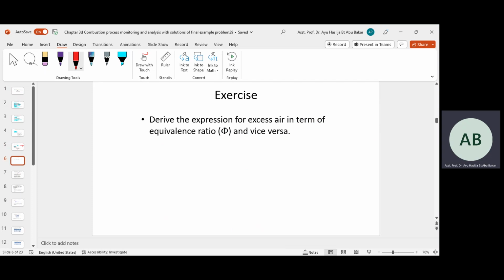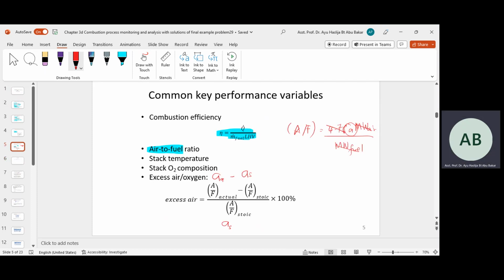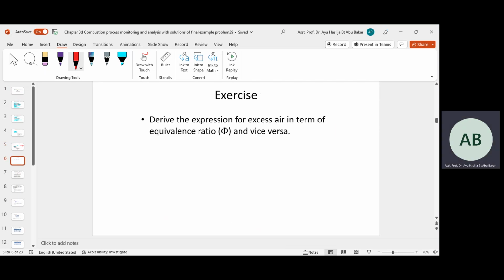Now, just now was excess air in terms of AF. We can also calculate excess air in terms of equivalence ratio.